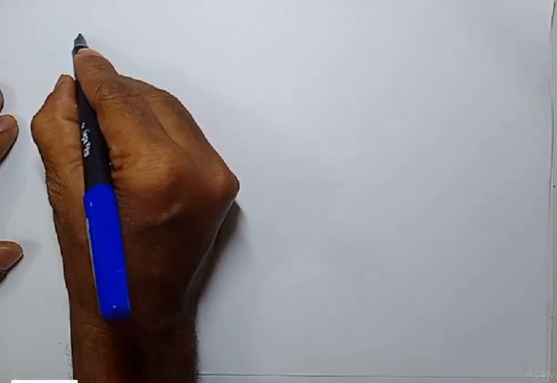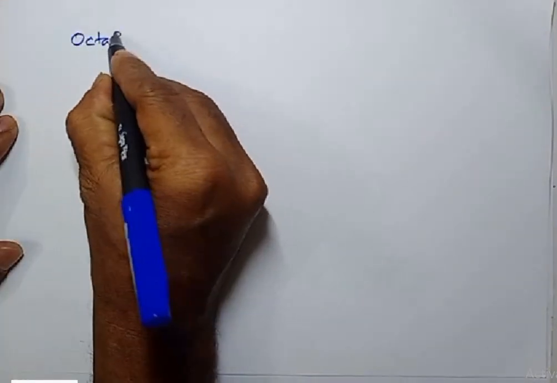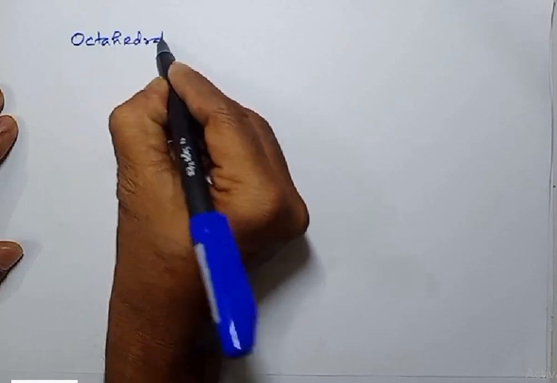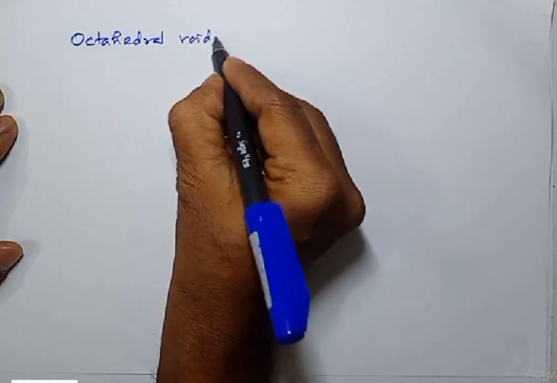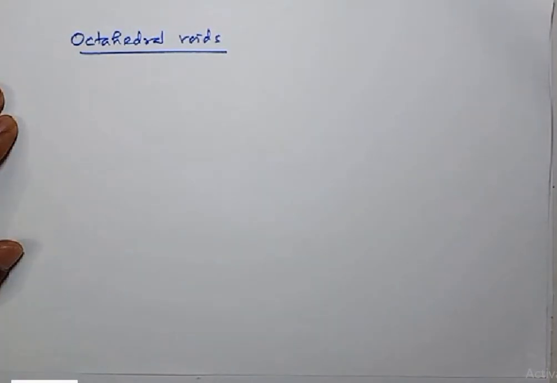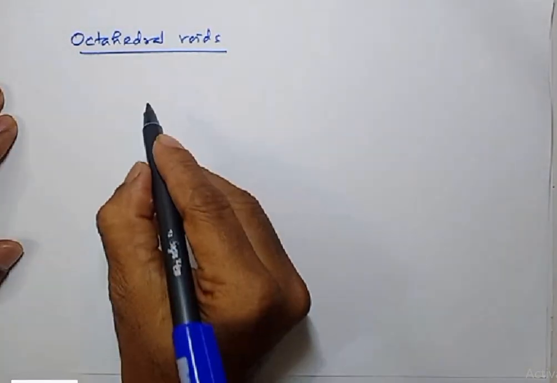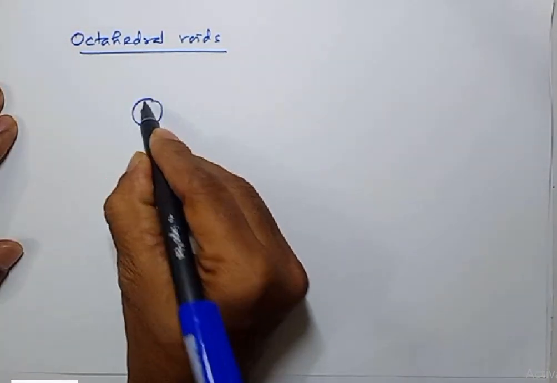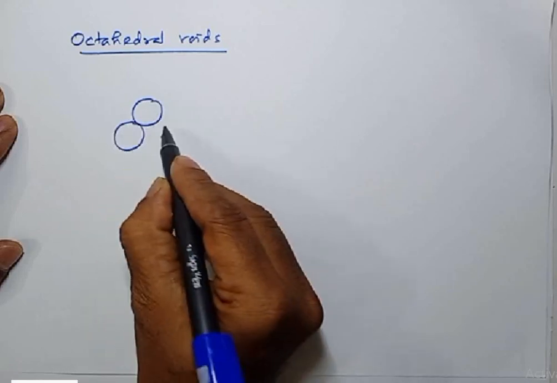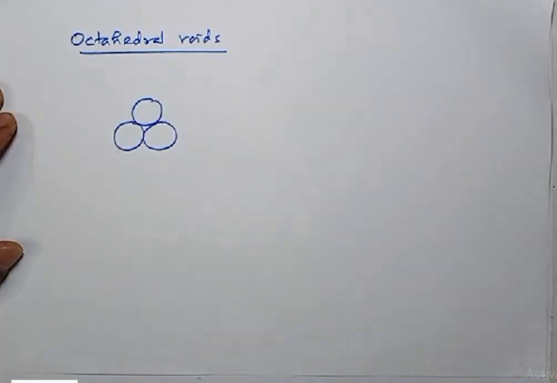Okay, the next one is about octahedral voids. What is an octahedral void? It's very simple. Listen, I'll take 3 balls. I'll join them like this. Then I'll take another 3 balls and place them in this manner.